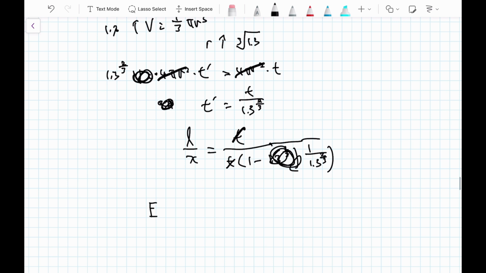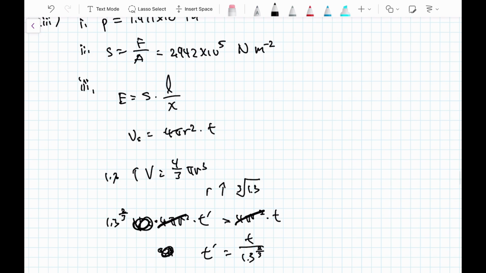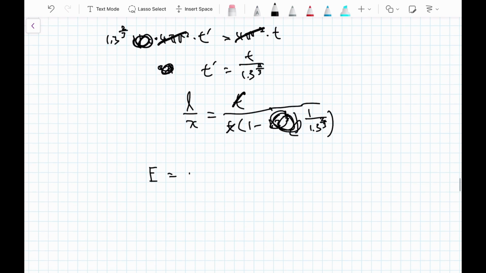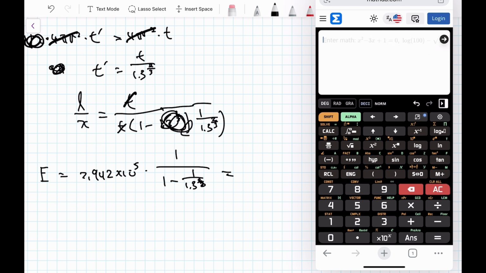So the Young's modulus of the skin will be 2.942 times 10 to the 5 multiplied by 1 over 1 minus 1 over 1.3 to the power of 2 over 3. And then we plug this into the calculator to get the final answer.